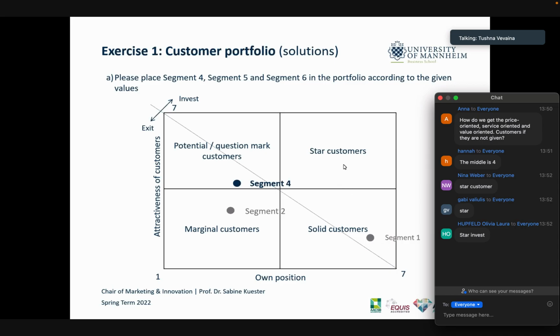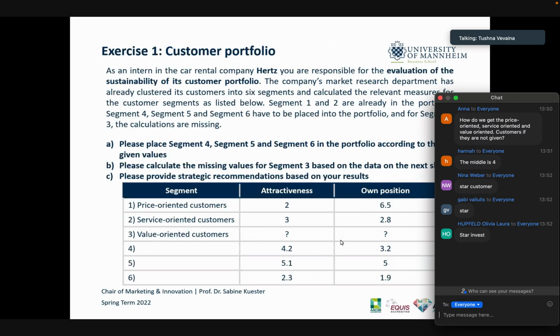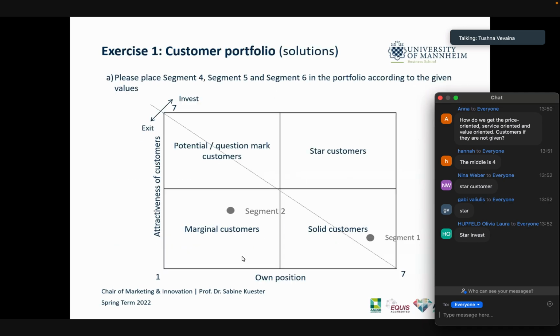Then we had segment 6 finally, where we had 2.3 and 1.9, attractiveness 2.3 and 1.9 as own position. Does anyone want to answer where this would go? Marginal customer, great. It would be somewhere down here, and even our solution says that. And remember, as I mentioned, these are all in the exit category.